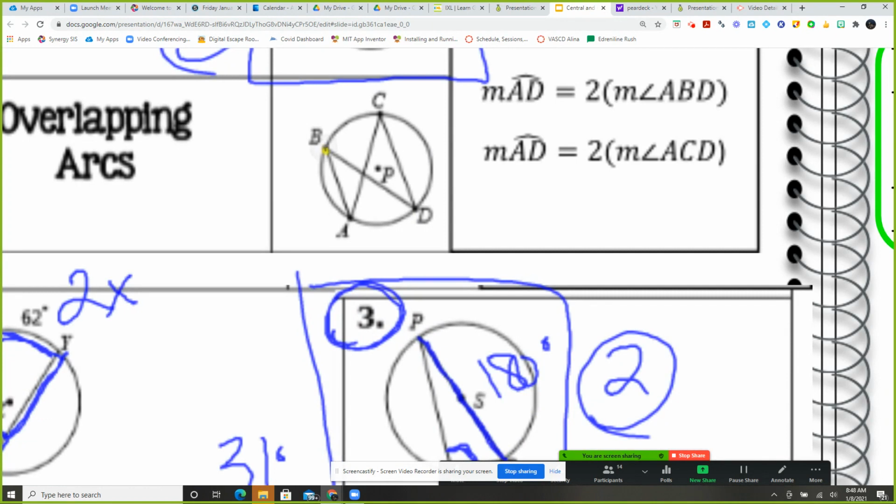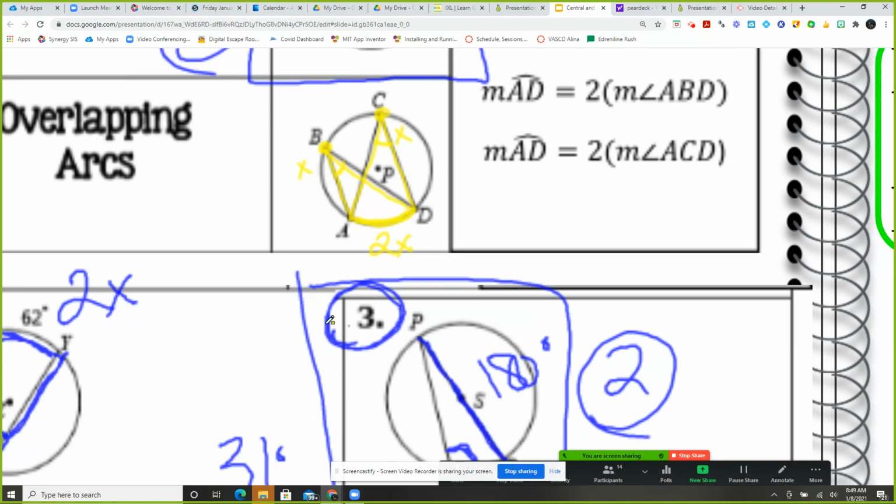If B is a spotlight on a stage and it's shining this way, it's lighting up AD, correct? And then C is another spotlight and it's lighting up the stage. It's also lighting up AD. So if AD is 2x, then B is x and C is also x.